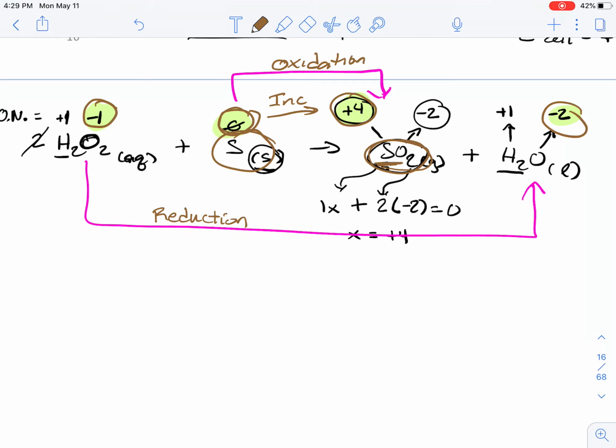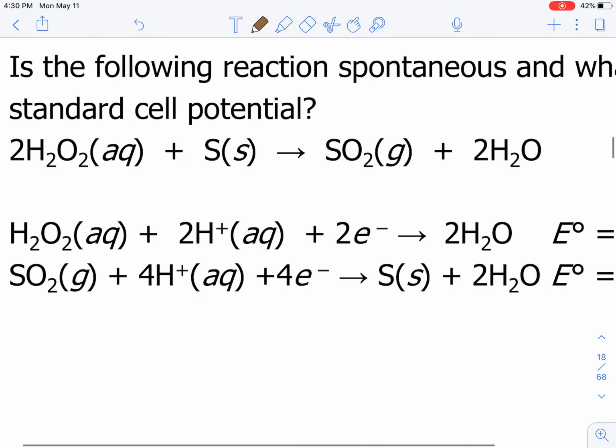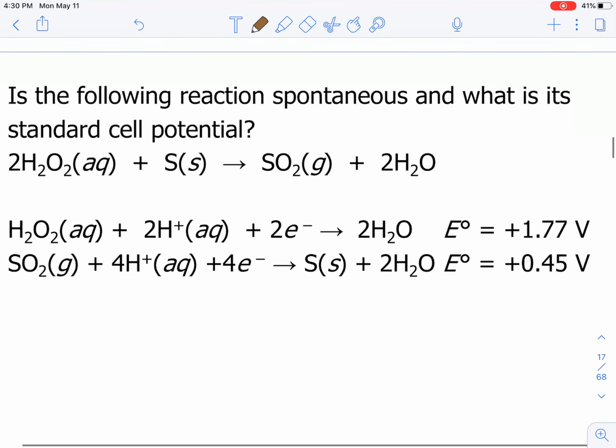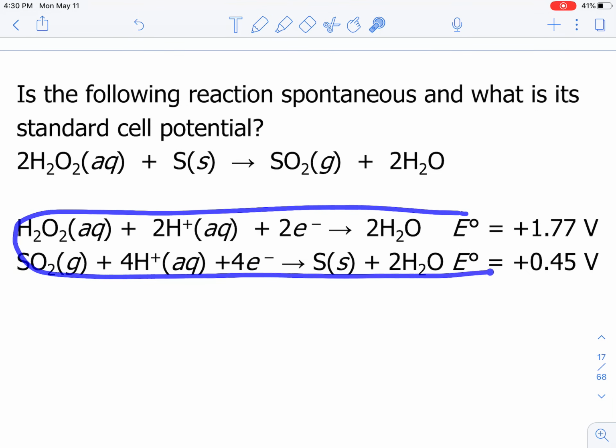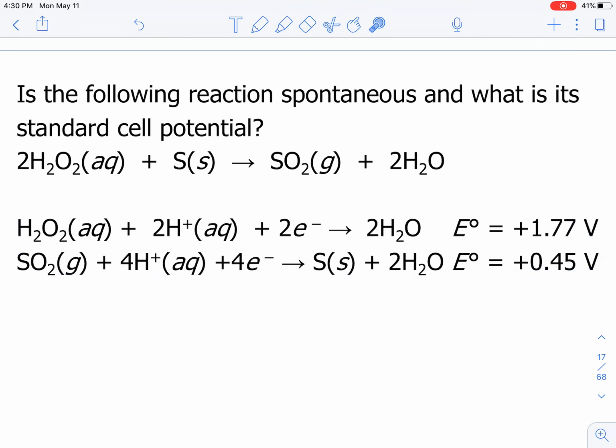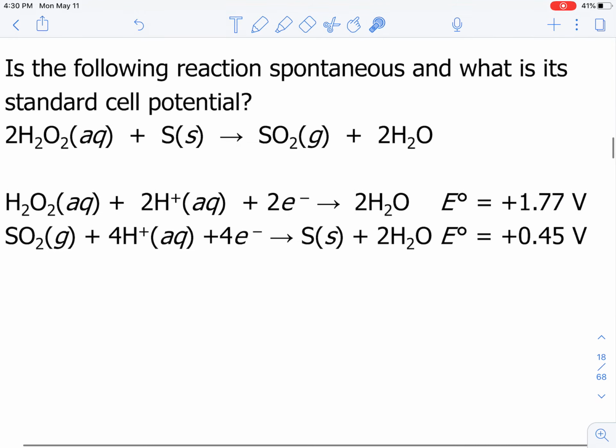All right, now that you know what was oxidized and what was reduced, I'm going to use these standard reduction potentials to calculate my E cell.